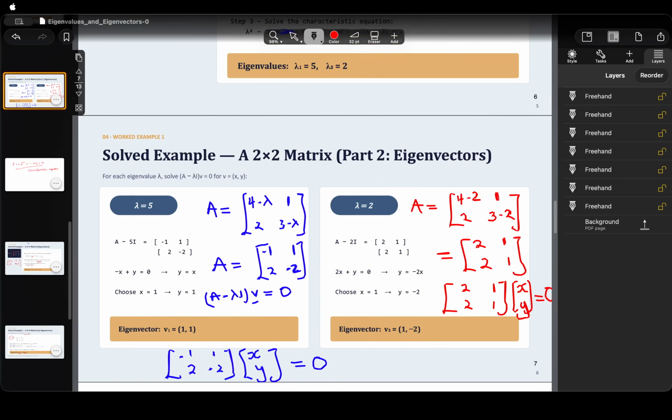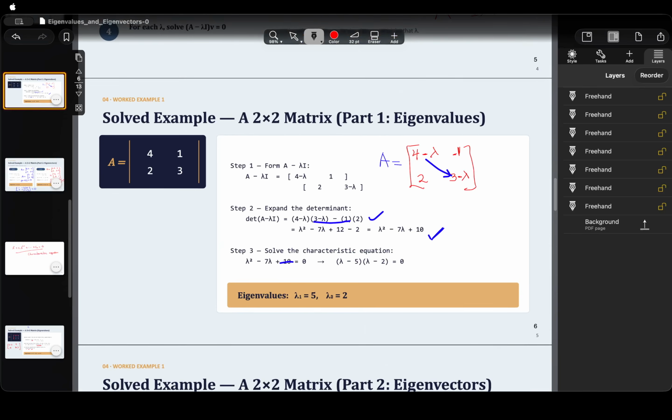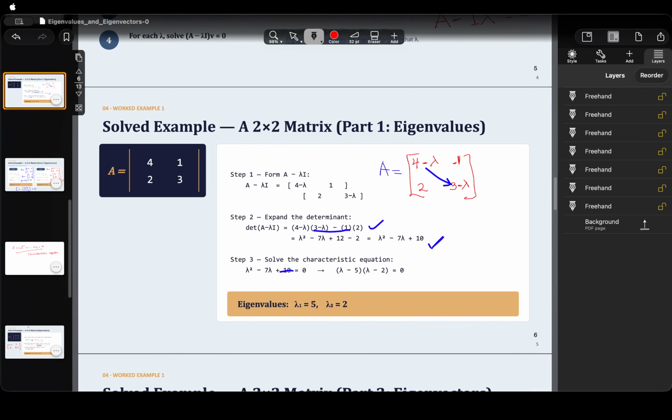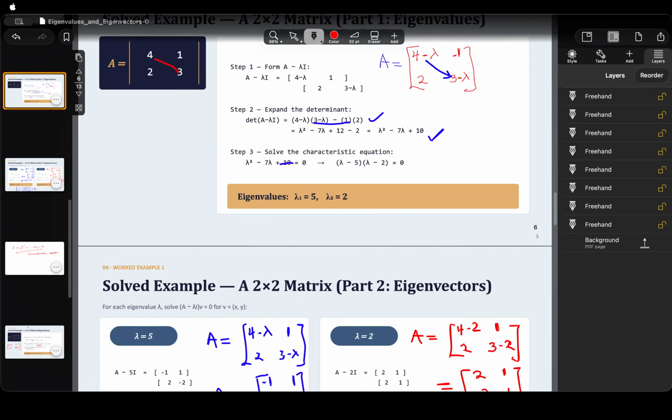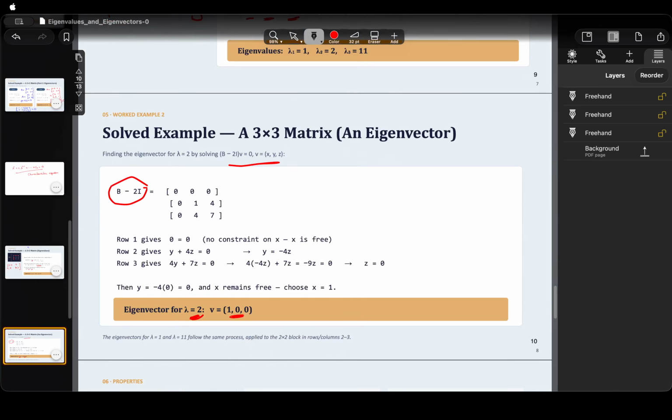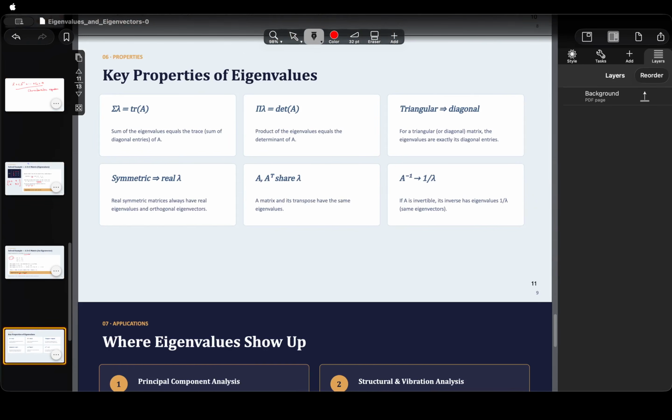If you wanted to find the trace of this matrix, it's going to be adding the leading diagonals, which is 4 plus 3, which will give us 7. That is the trace of the matrix. And it says that if I sum my eigenvalues, it should be equal to the trace of the matrix. So that is the first property.